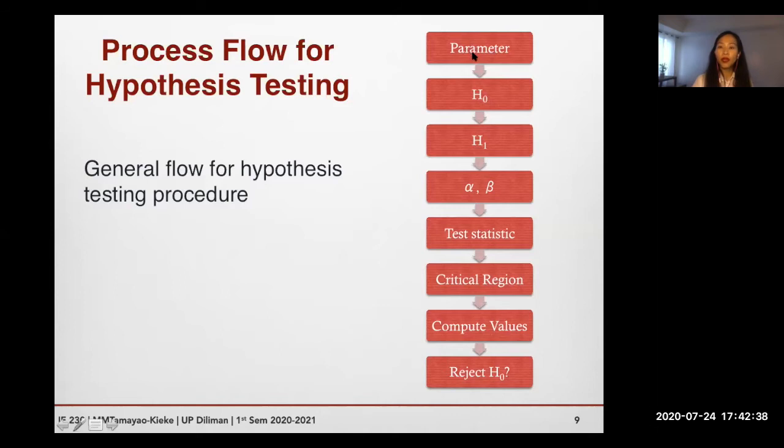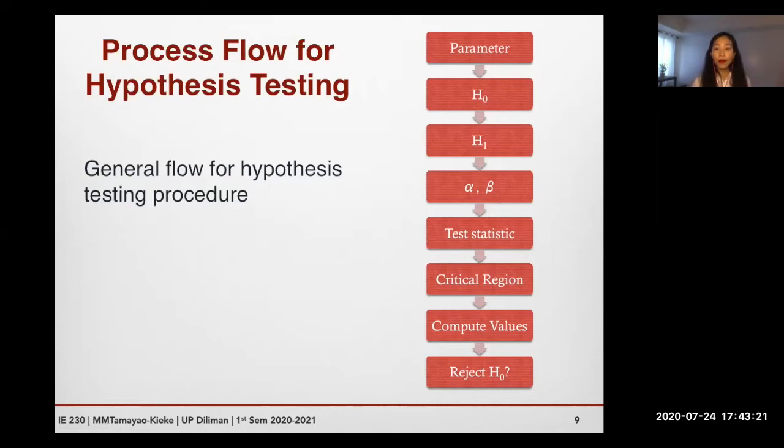And this, of course, will stem from the problem context. The second is to state the null hypothesis, and we usually call the null hypothesis H naught. And along with this, we specify an appropriate alternative hypothesis, usually called H1. And then we choose a significance level alpha, and along with this, a suitably small level of beta.